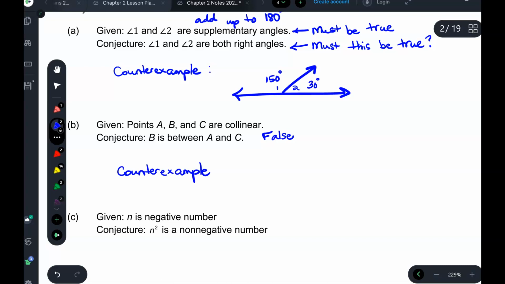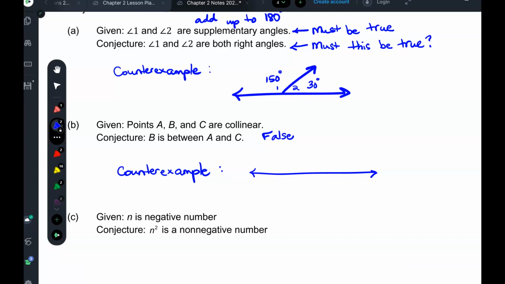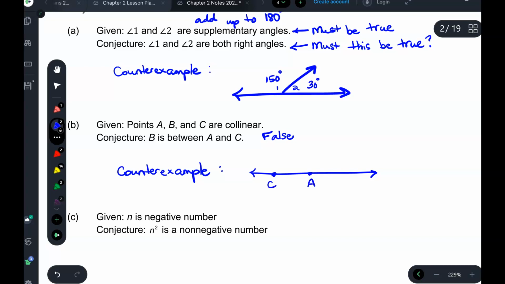Now you could also write it out in words, but it's so much faster just to draw a picture. You could write A could be between B and C. So basically what Max was saying is you could have C, A, B. I did B, A, C. Just B can't be between.